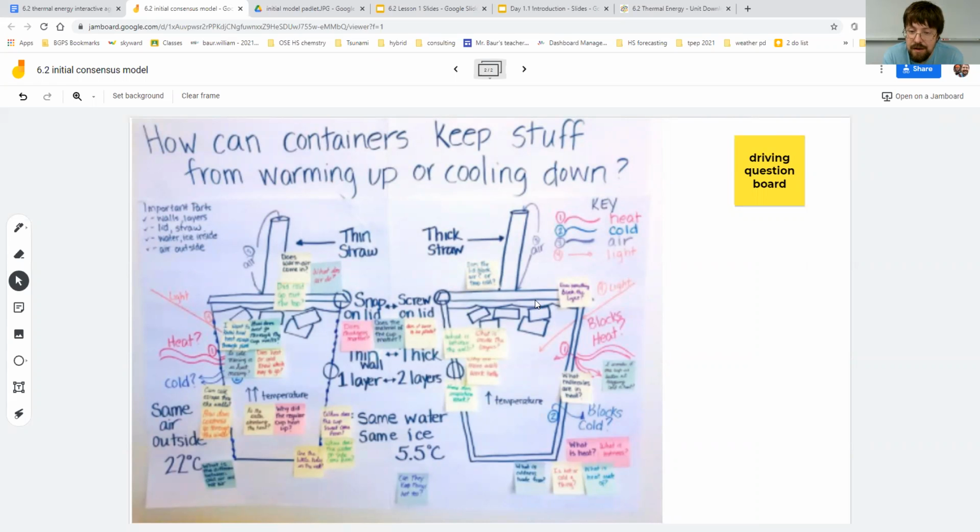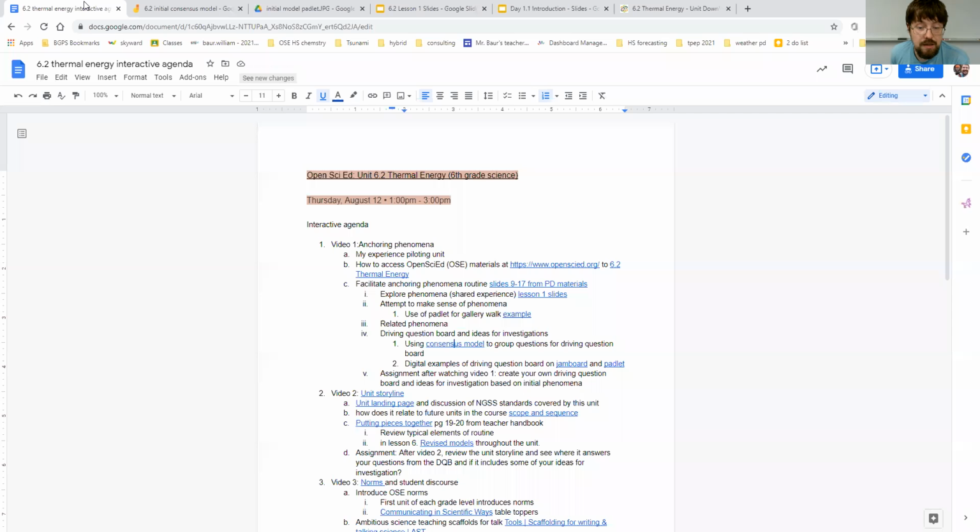The other advantage is that having your consensus model makes it easier for students to group their questions, and seeing the visual representation might help prompt them to come up with more questions. So I like to have them together like this. And again, this is a sample I got from the teacher's guide.